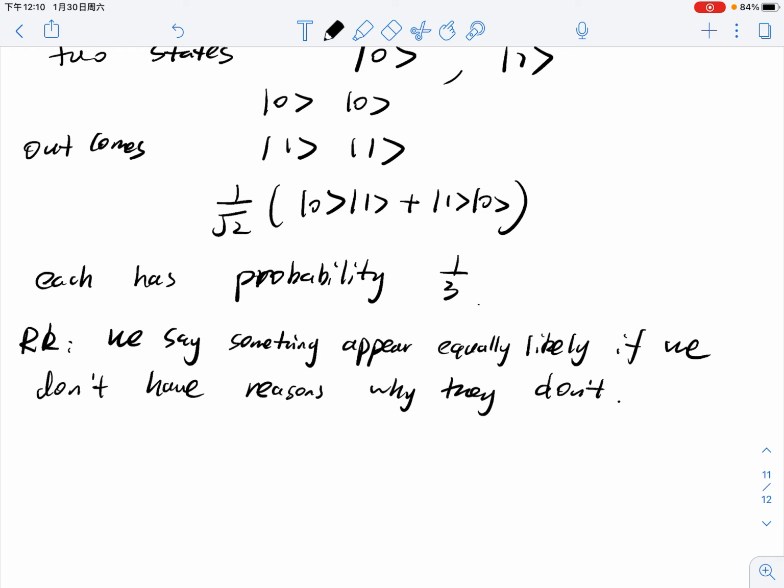That means if we have some reasons they are not equally likely, then we need to take that into consideration.